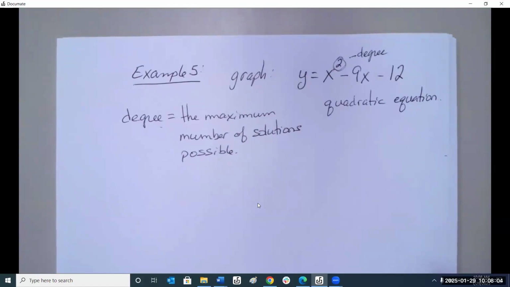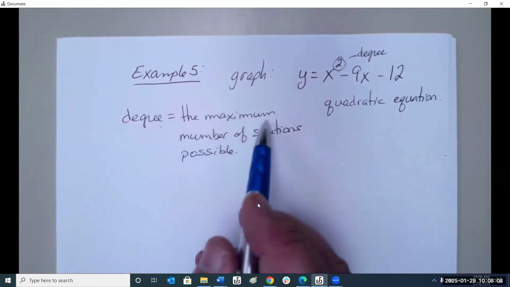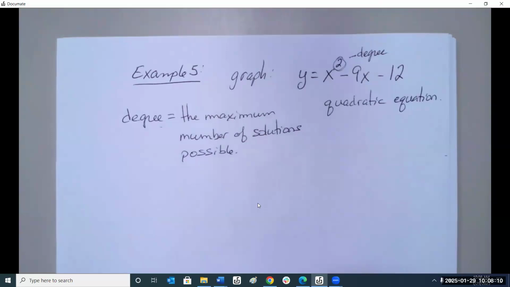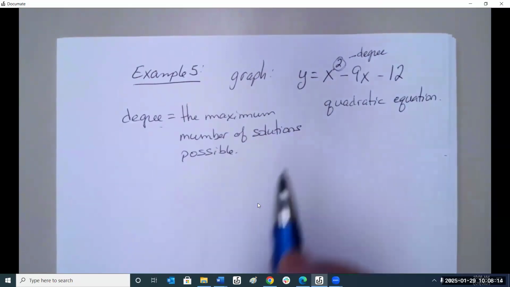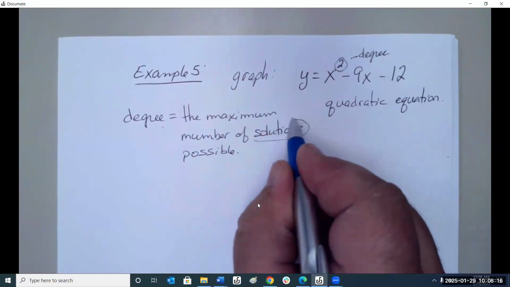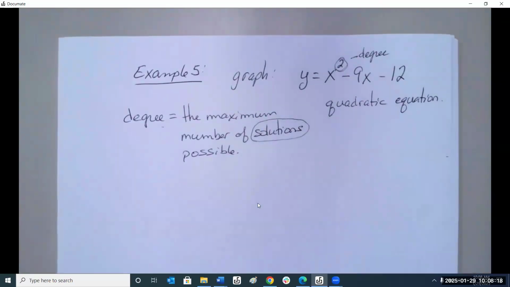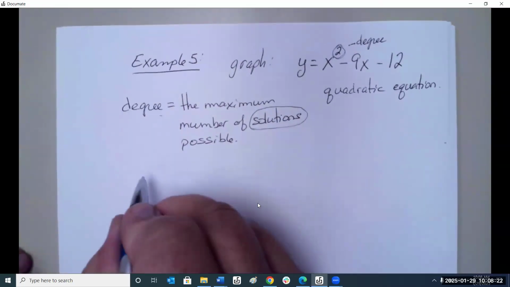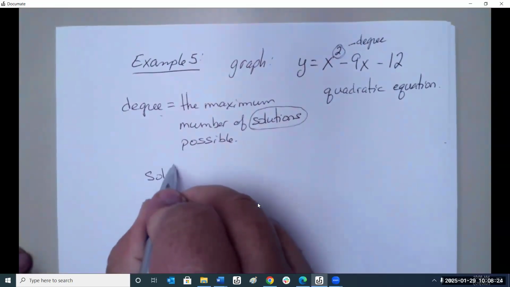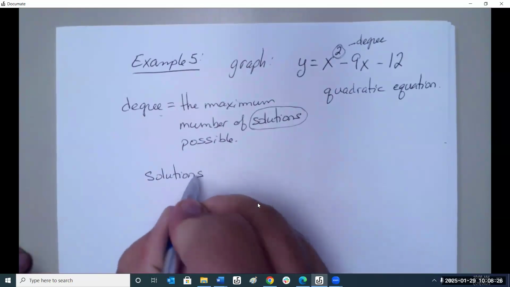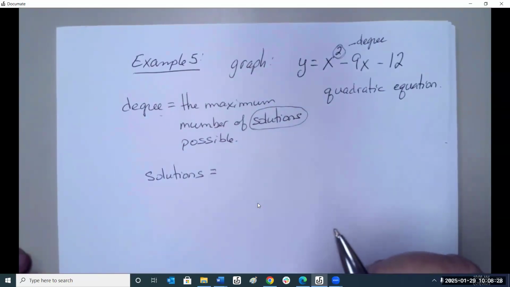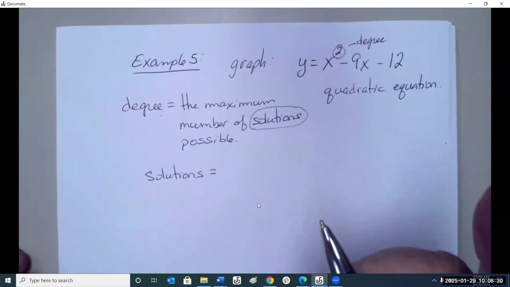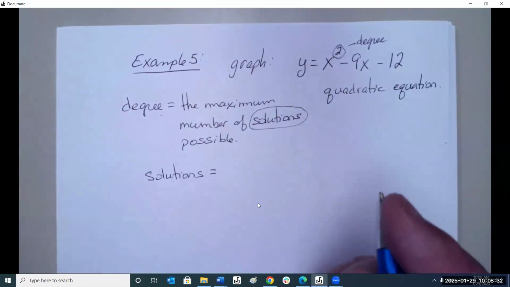Now, in that statement, we just defined degree. It's the maximum number of solutions possible. There's only one word in there that we have to define. When we say solutions in mathematics, what does it mean? What's that? Not the plural.